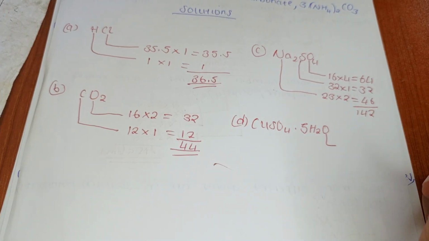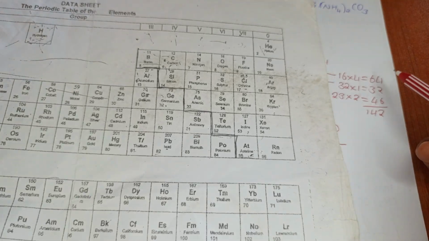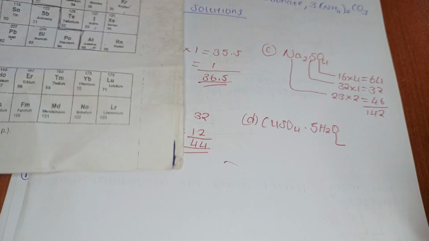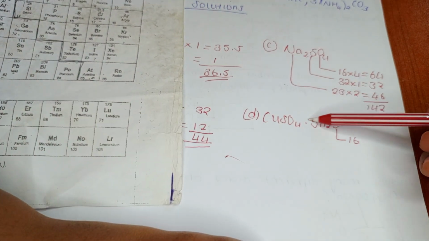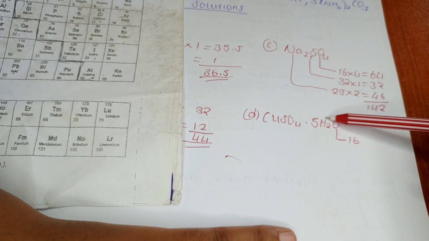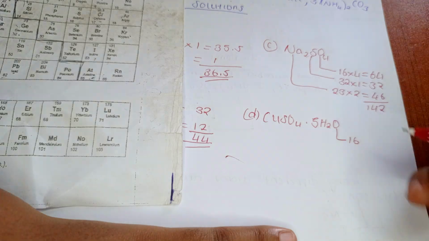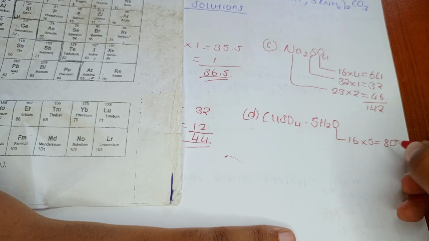So first we have oxygen. So the mass number for oxygen is 16, as we already said. So 16 by here, this 5 is going to be multiplied by all of the atoms in the molecule. So 5 by 16 is equal to 80.